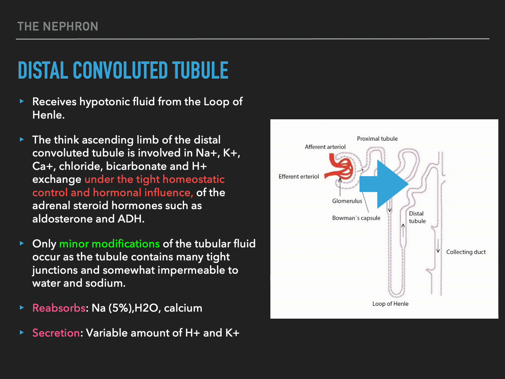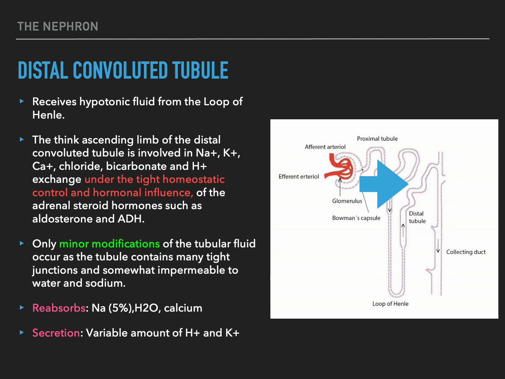You don't necessarily need to remember all that, but it is under the tight homeostatic control of hormones, specifically the adrenal steroid hormones such as aldosterone. And that is more of an interesting point. We'll get into more detail about how aldosterone affects the distal convoluted tubule a little bit later in the slides.